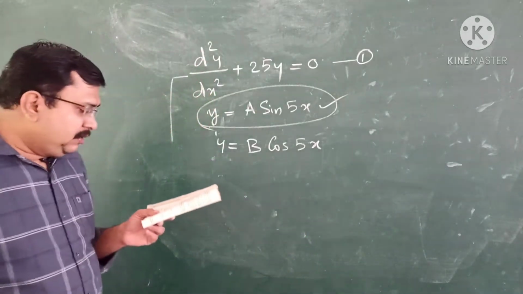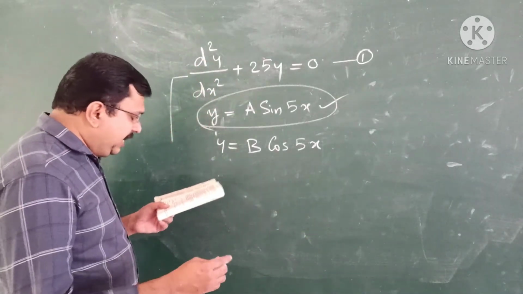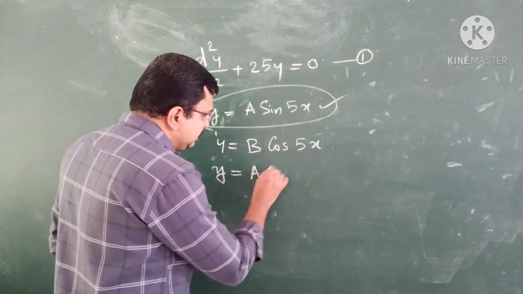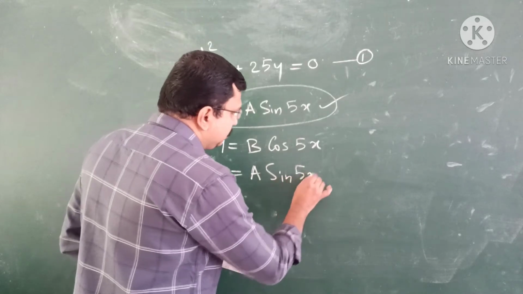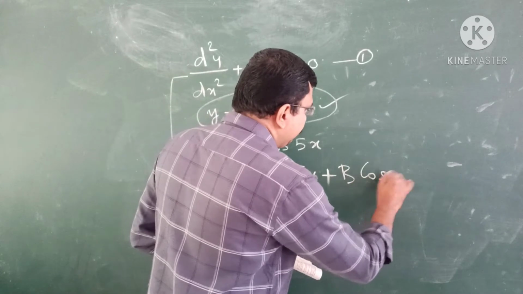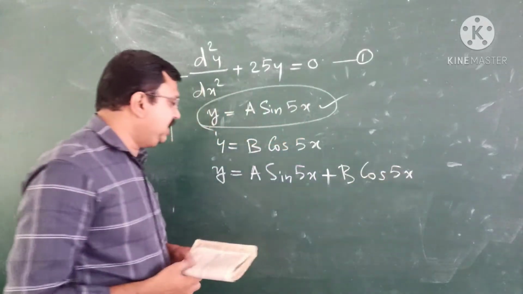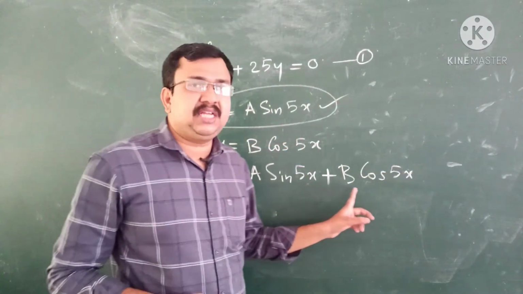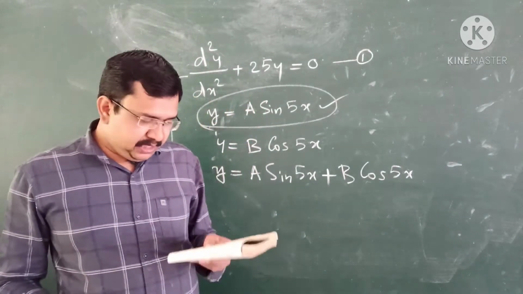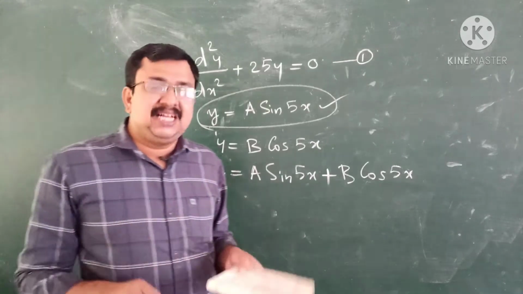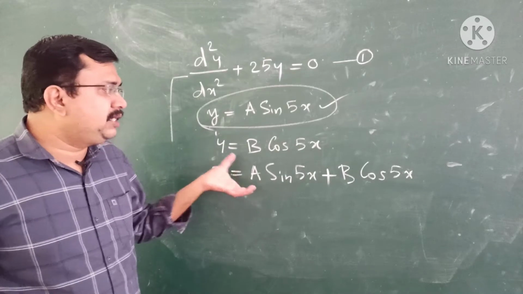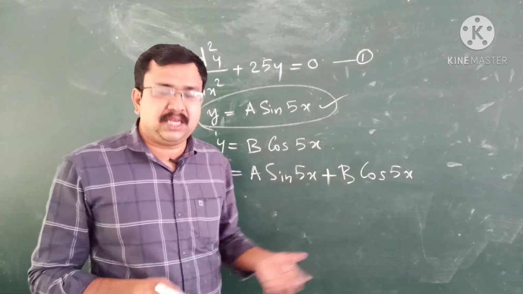We can write generally y equal to a sin 5x plus b cos 5x. This is the general solution of this equation. This solution is called the general solution of this equation.